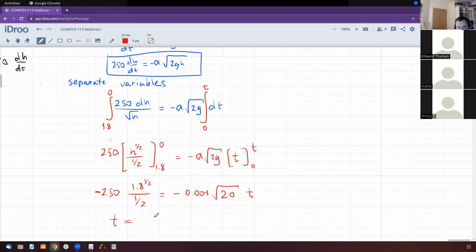So 250 times 1.8 square root of 1.8 multiplied by 2 divided by 0.001 divided by square root of 20.